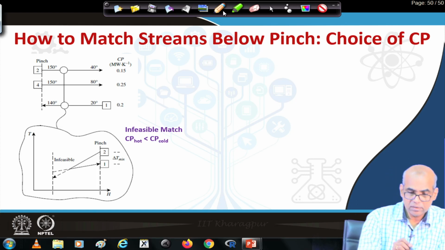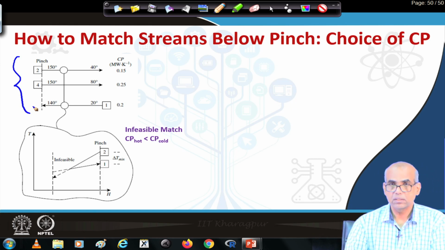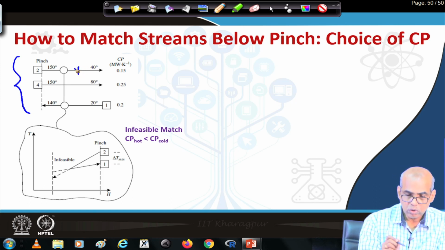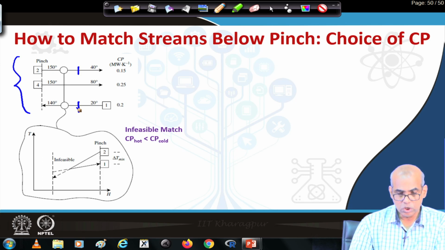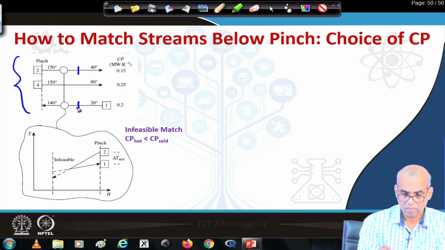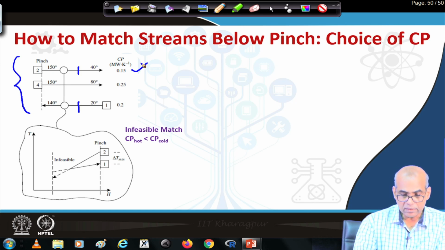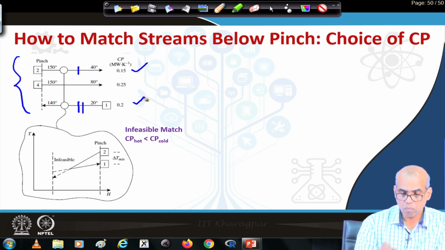So, again we consider part of the grid below the pinch region. Let us consider the matching of stream 2 with stream 1. Note that stream 2 is a hot stream with a Cp value of 0.15 and stream 1 is a cold stream with a Cp value of 0.2.